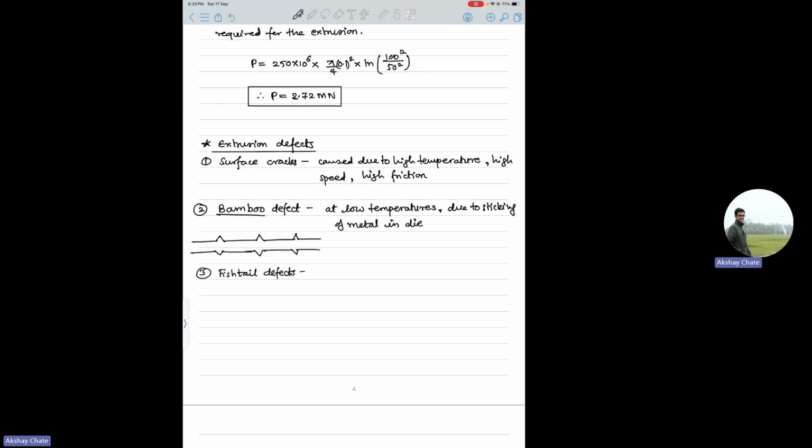So, what happens? I think this was in the notes given by professor also. Let me just check once. Sheet metal rolling, forging, or not specific to extrusion. Okay, okay. One second.